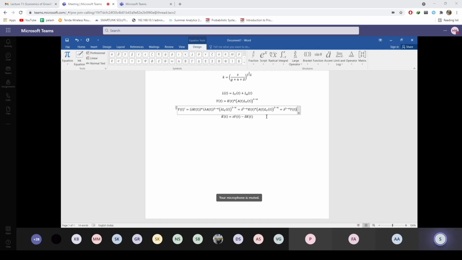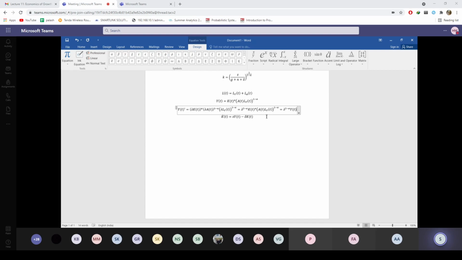Constant return to scale technology and perfectly competitive market structure, and we have proven that it implies zero profit. Labor and capital are paid according to their marginal products, and that exhausts output.